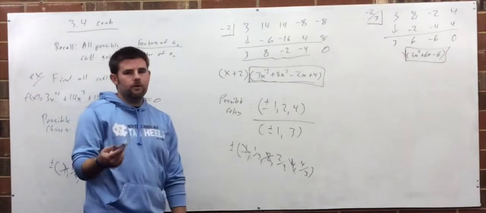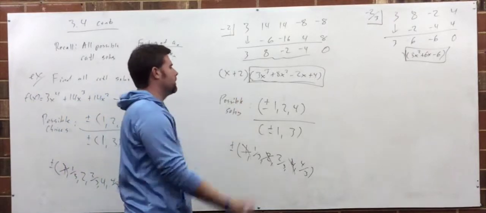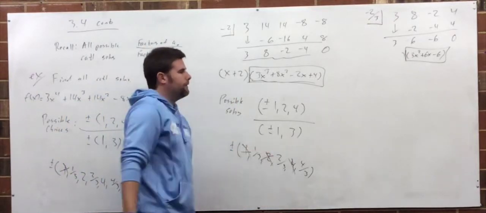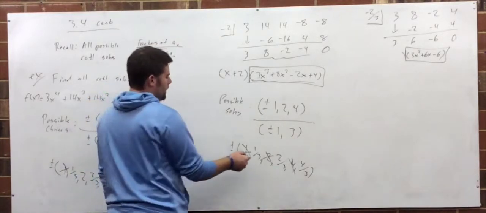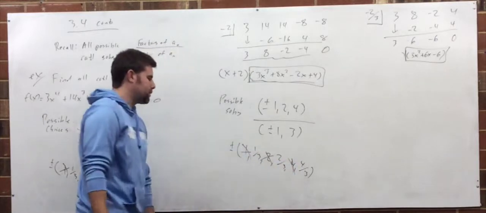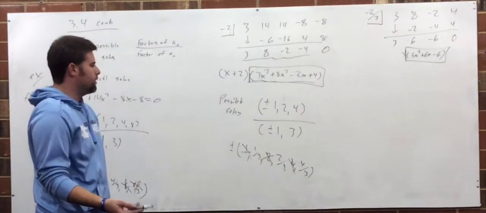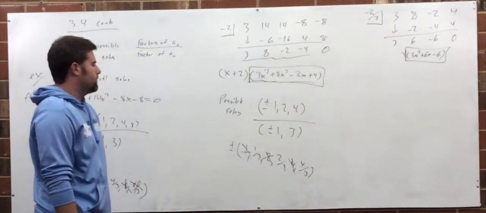So use the eye test is what I call it, or plugging in, whatever you want to call it, to eliminate factors without doing all the work. Don't synthetically divide everything. Now I've gotten down to these 6 choices, plus or minus 1/3, 2/3, and 4/3.